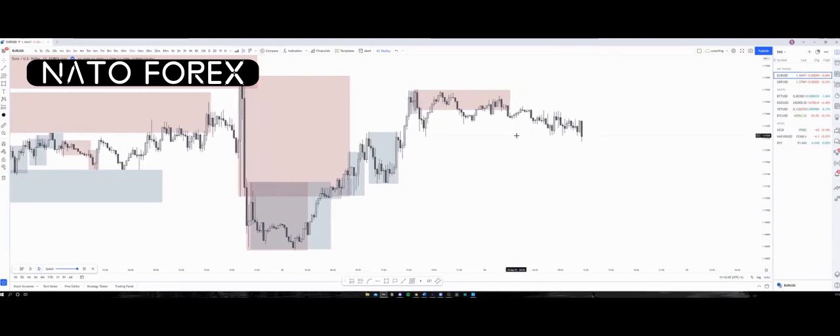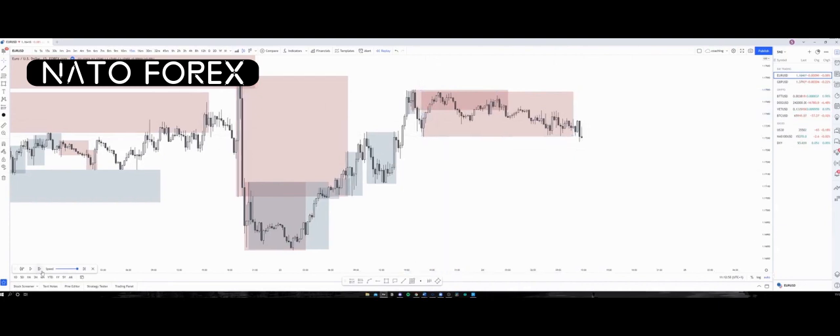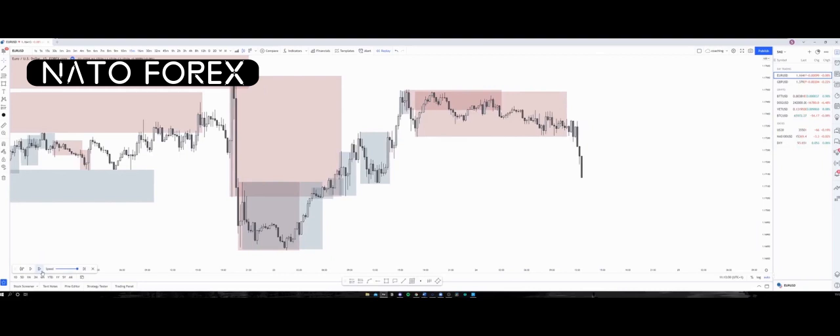Cool, broken the range there. So we've got a whole new supply range from here to here. But as stated earlier, we have other stuff inside these ranges that we want to look at. But yeah, price comes back in, melts.